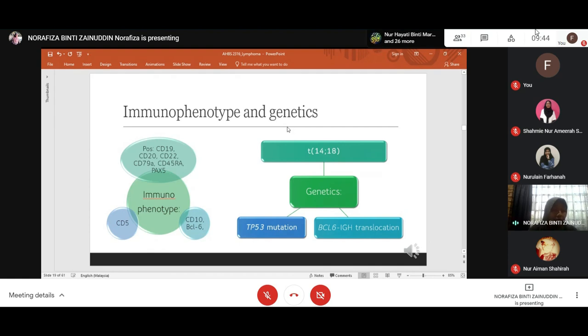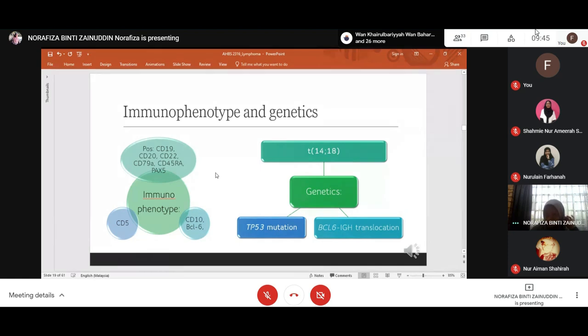On the other hand, here we have CD5. This one is expressed in only 10% of patients. So its expression should raise suspicion of transformation from a more indolent form of NHL, such as SLL or CLL, and it has been associated with a shorter survival.